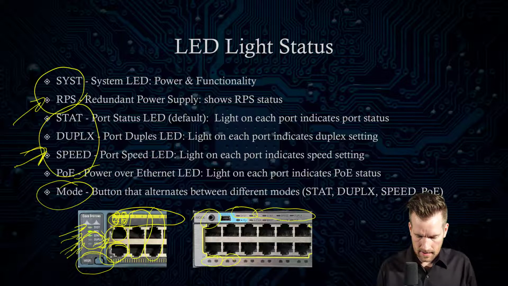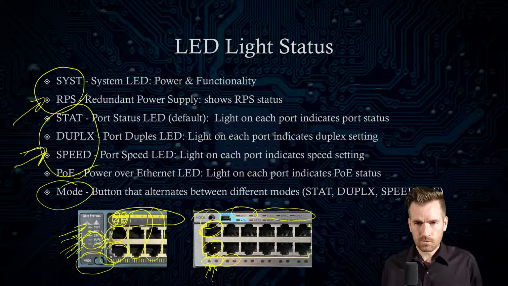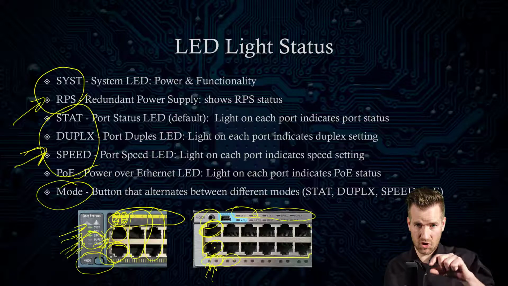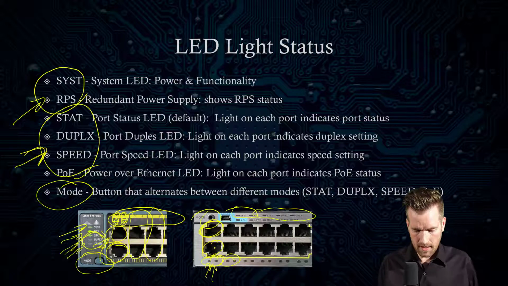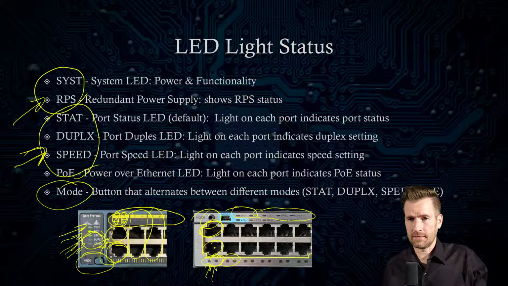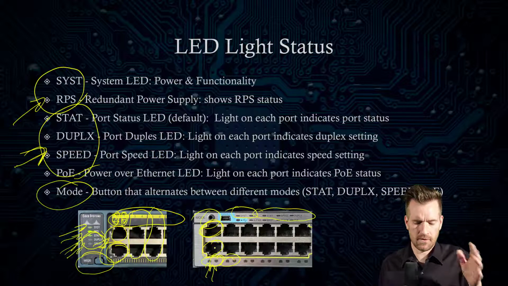Port 1, which would start right here, is this first one, and it actually has a 1 written on that LED, and port 2 down here is right here. Those LEDs are in the shape of RJ45. So the 3750 versus the 2960, we've got a little different light pattern, but the functionality is very similar.